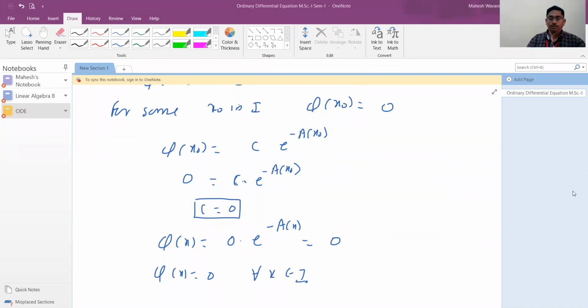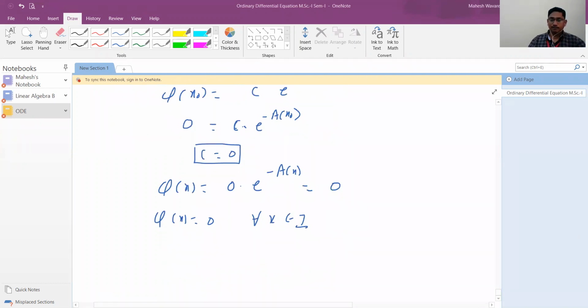Phi thus is the trivial solution of the given equation.